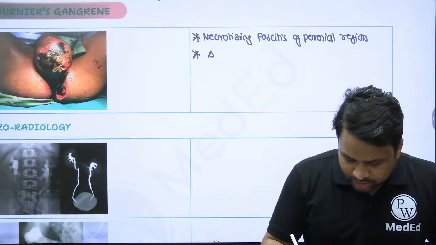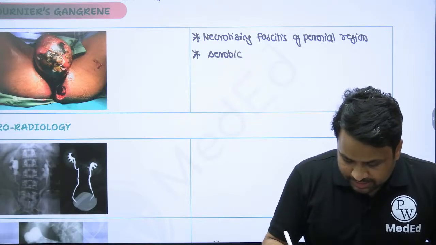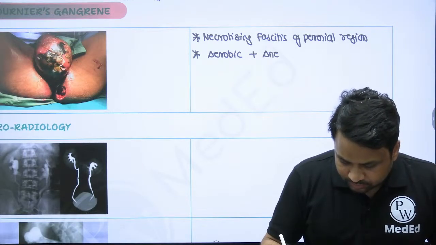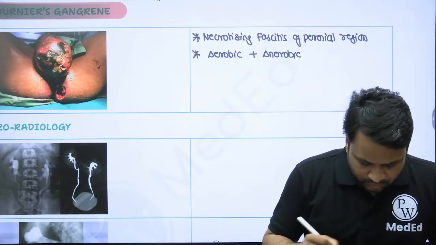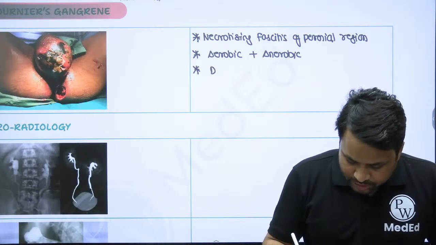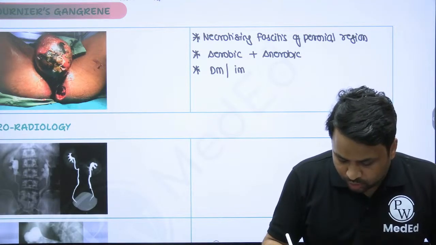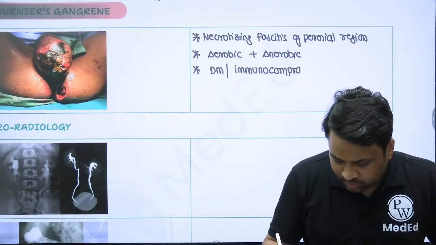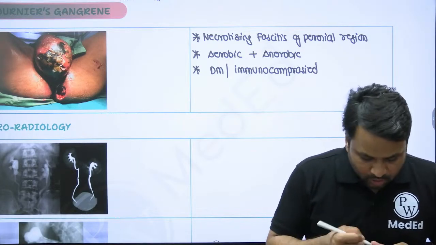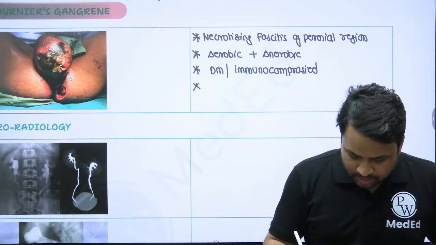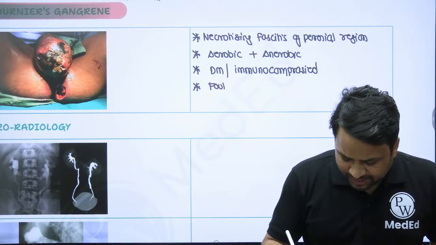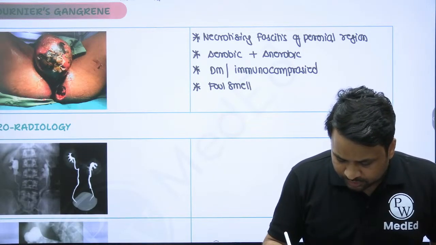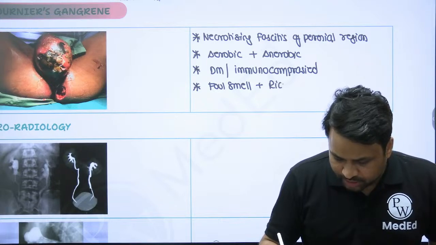It is a combination of both aerobic as well as anaerobic organisms. It is usually seen in patients with diabetes or who are immunocompromised. It will have a foul smell with rice watery discharge.